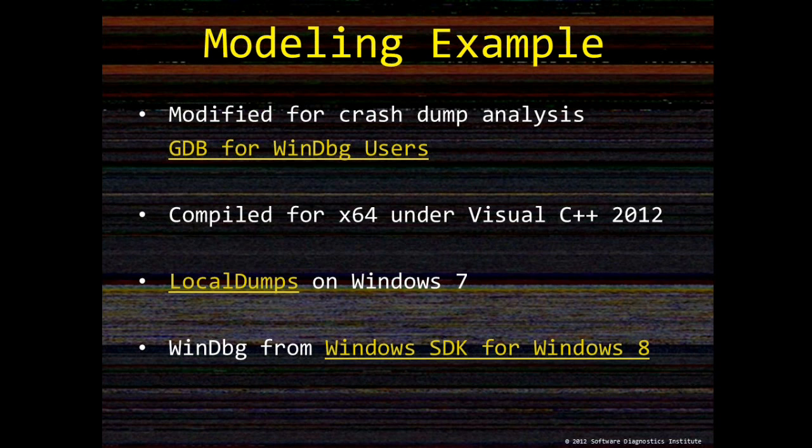I modified it for crash dump analysis by inserting a null pointer access violation and recompiled it under Windows Visual Studio 2012, 64-bit version, 64-bit compiler. I use the latest WinDbg from the Windows SDK for Windows 8. And I also enabled local dumps, a registry key, on Windows 7.